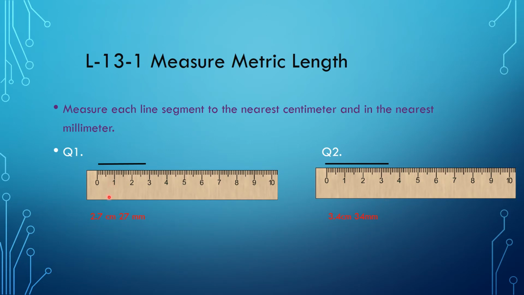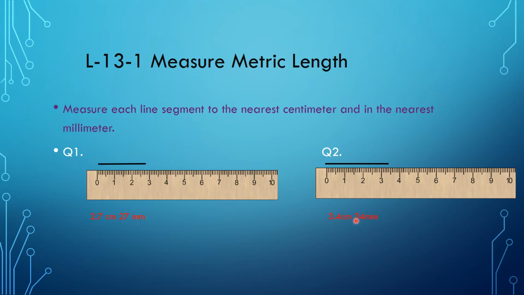Here it is 2.7 centimeter, and how many millimeter? You can see 27 millimeter, because 10, and how many small divisions here? Altogether it is 27. That's why it is called 27 millimeter.